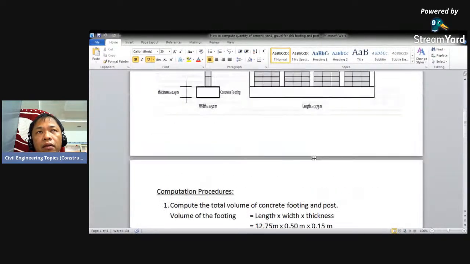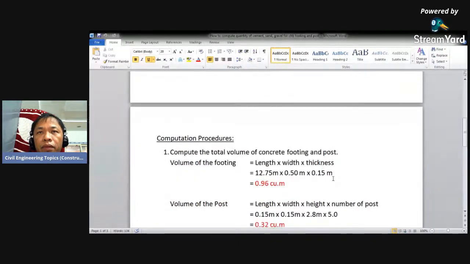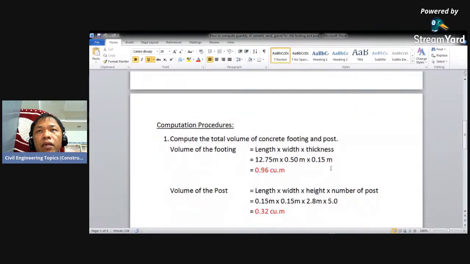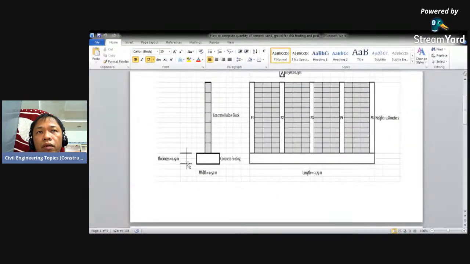By the thickness of 0.15 meter. So multiply this 12.75 by 0.5 by 0.15 is equal to 0.96 cubic meter. So ito yung volume ng concrete coating.